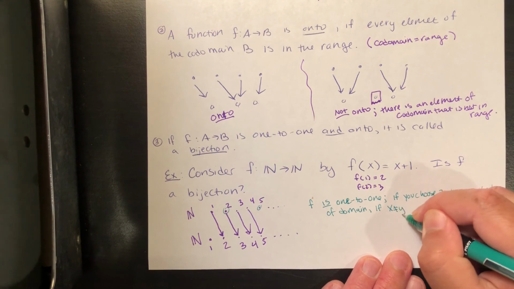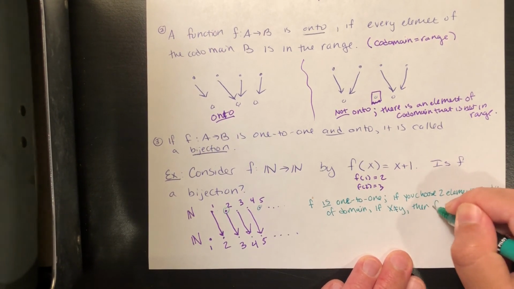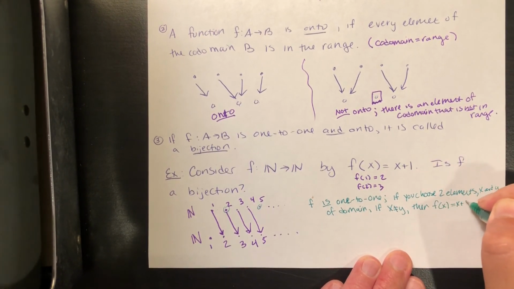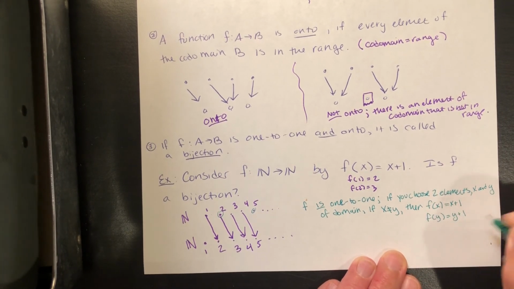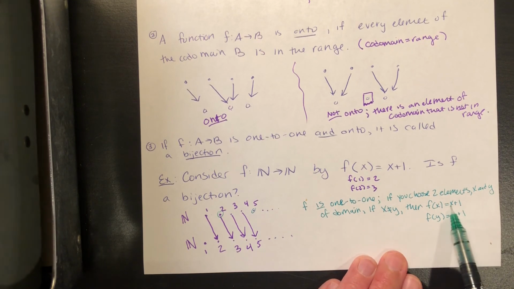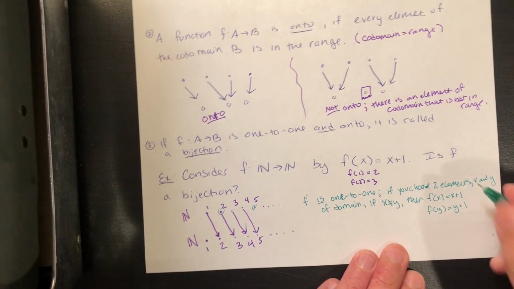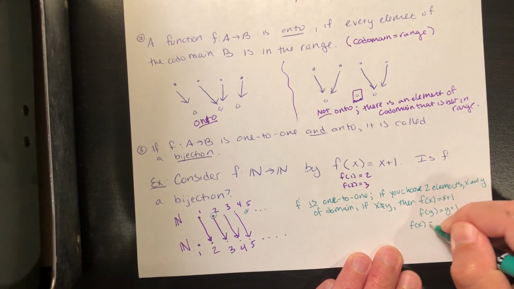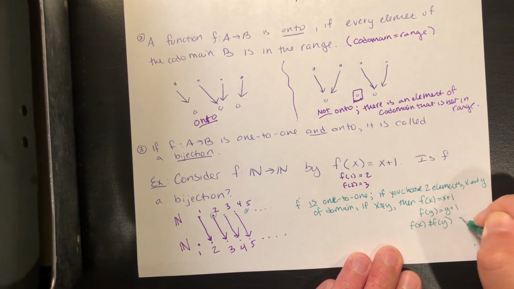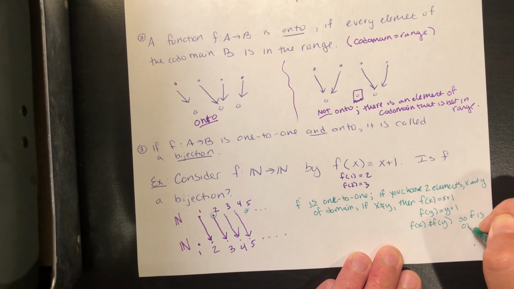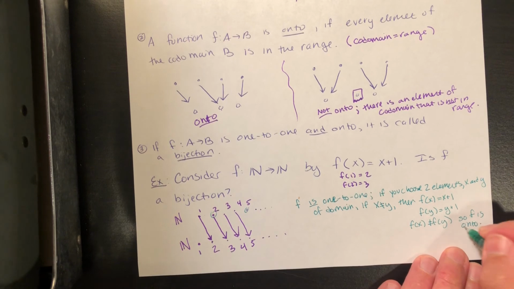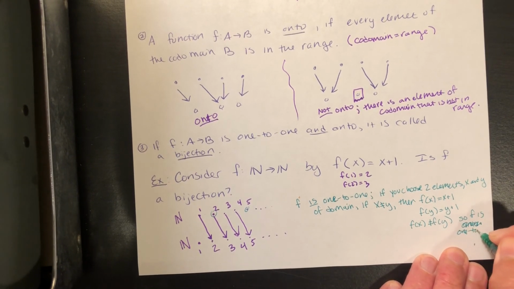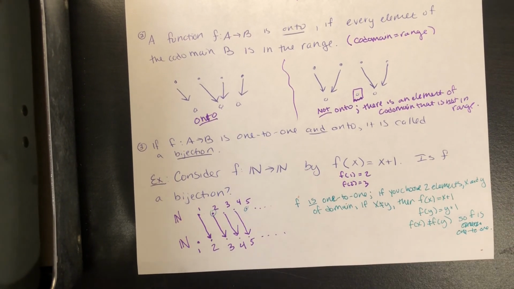If x is not equal to y, then f of x is just going to be x plus 1, and f of y is just going to be equal to y plus 1. And if x is not equal to y, then x plus 1 is not equal to y plus 1 either. So f of x is not equal to f of y, and so this function is one-to-one. Sorry, my bad. One-to-one means different elements in the domain map to different elements of the codomain.